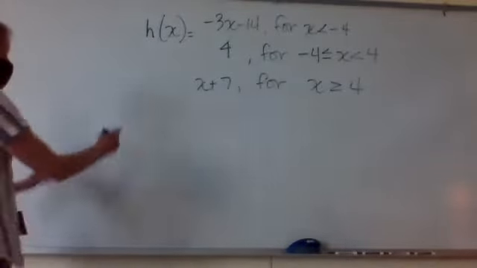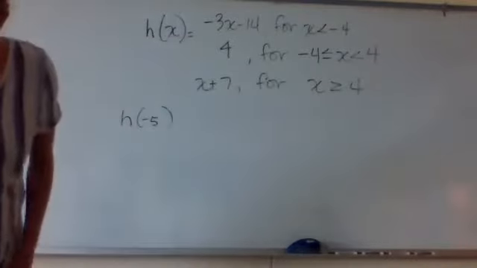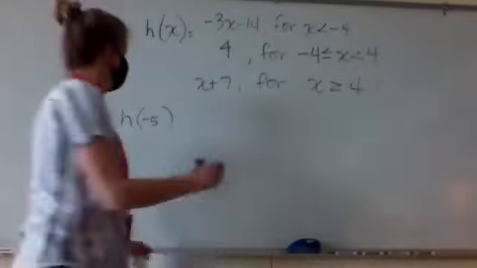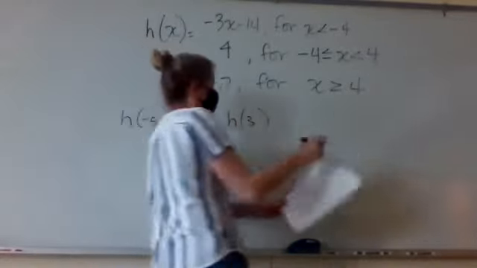It wants me to find h of negative 5, h of 3, h of 4, and h of 9.